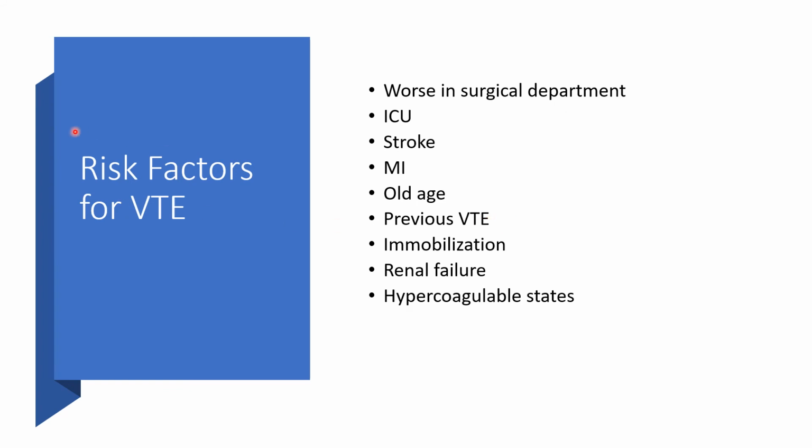Now, I will go over risk factors for venous thromboembolism. It is worse in surgical department, intensive care unit, stroke, myocardial infarction, old age, previous venous thromboembolism, immobilization, renal failure, hypercoagulable states.